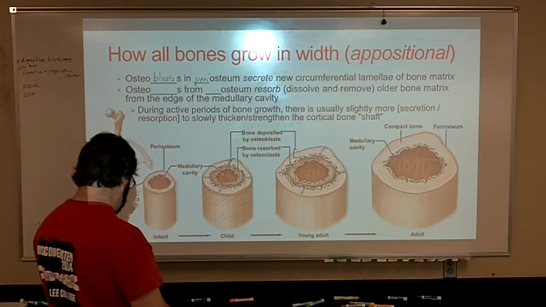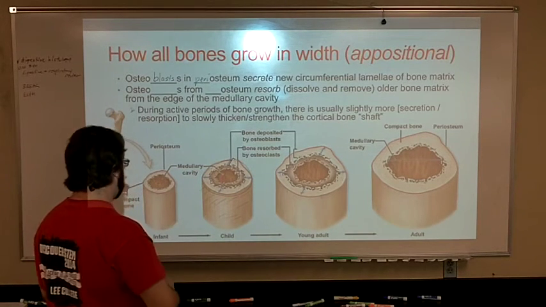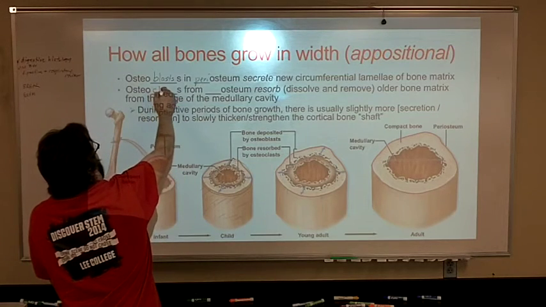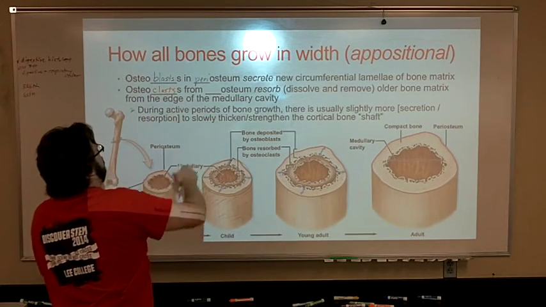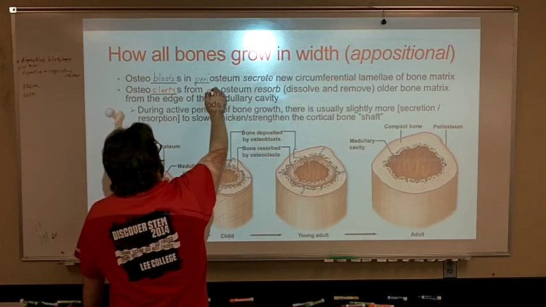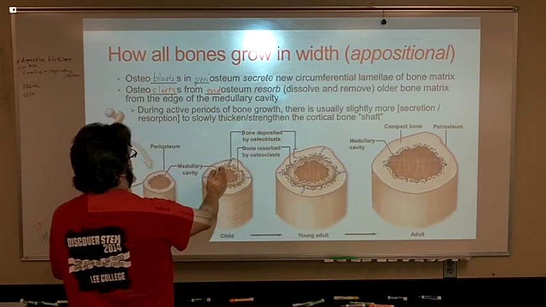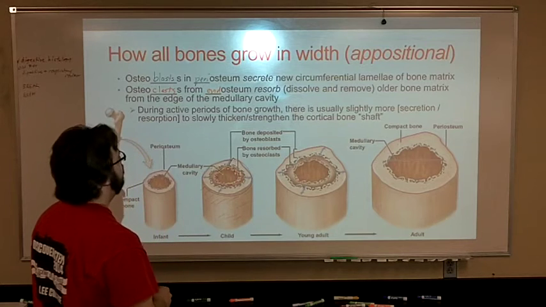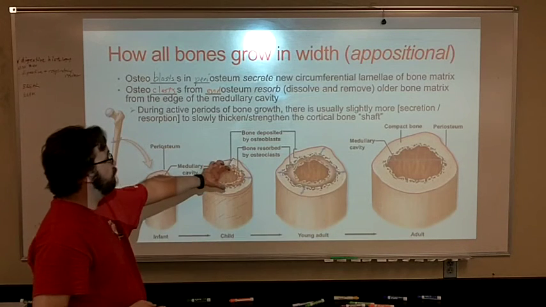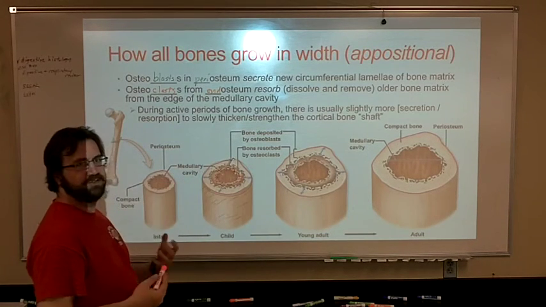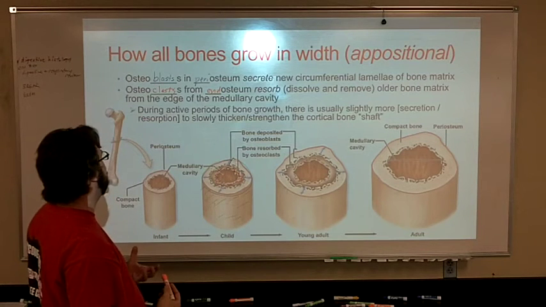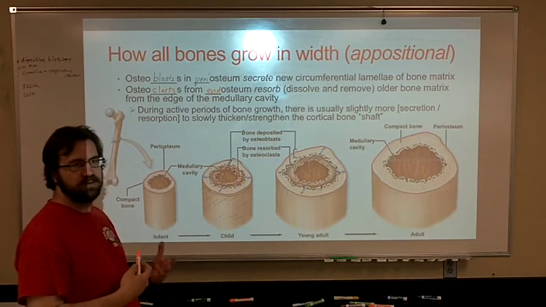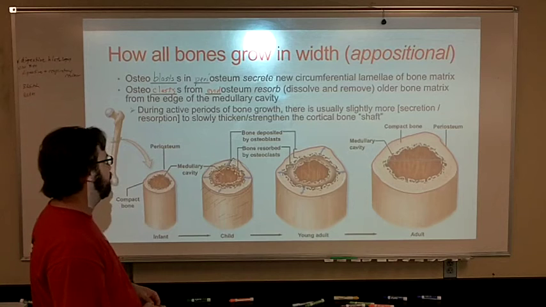At the same time, osteoclasts from the endosteum, that's in here, are going to start resorbing, dissolving and removing older bone that's no longer needed from the inside, and that keeps your bone from getting too heavy as it gets wider.